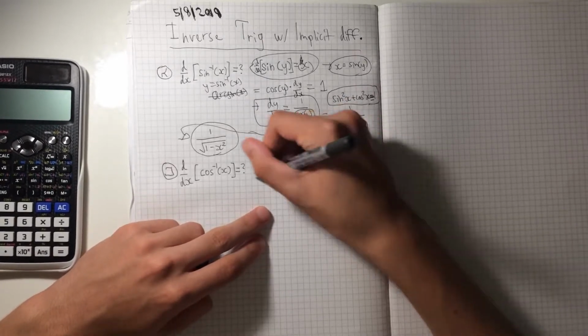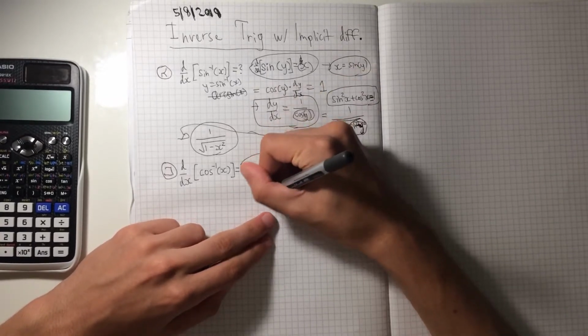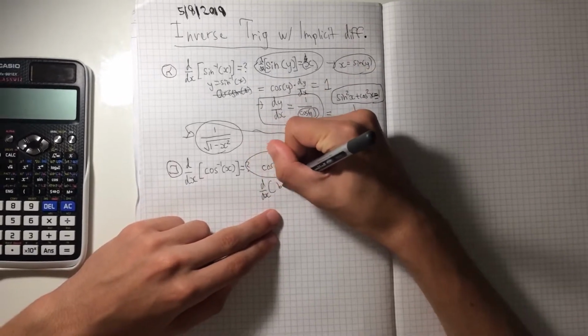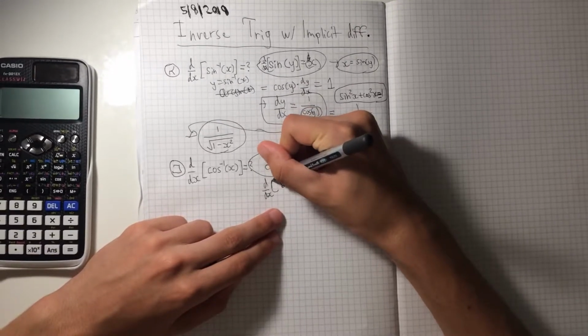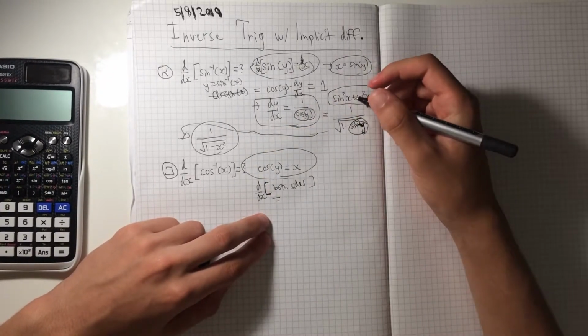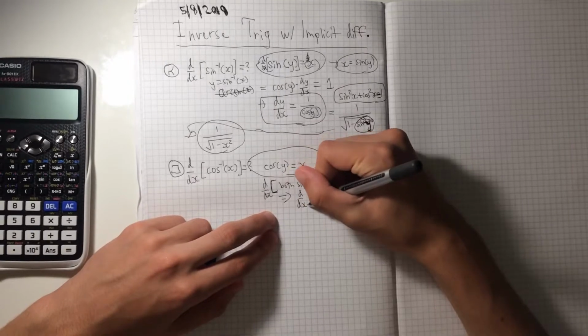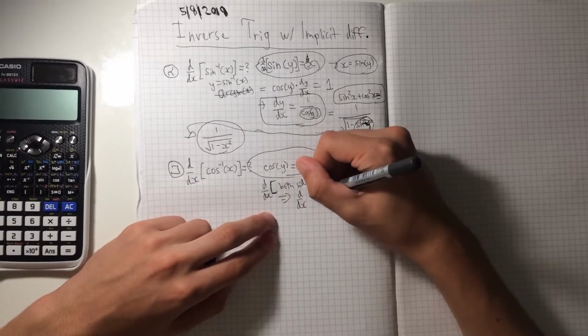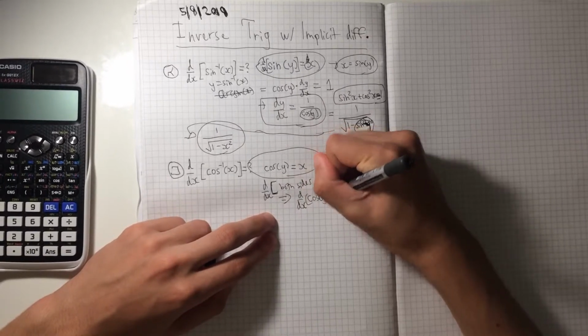So we know that, and we can differentiate both sides. So what is the derivative of cosine of y?